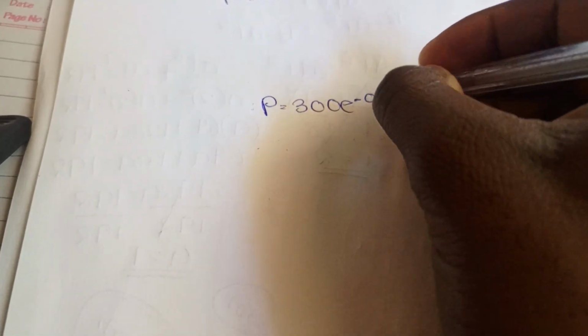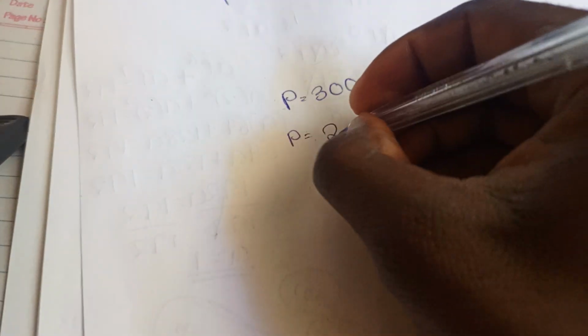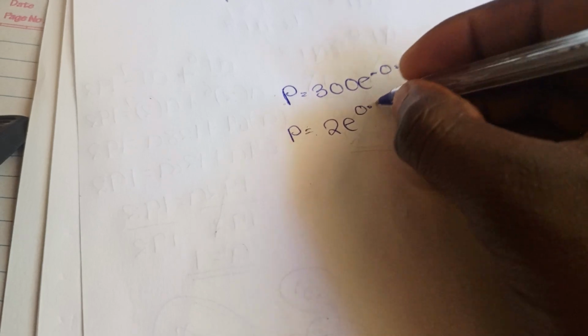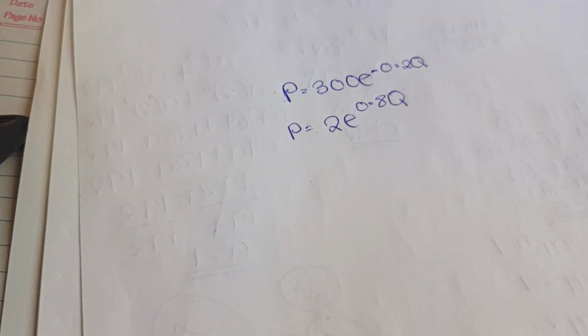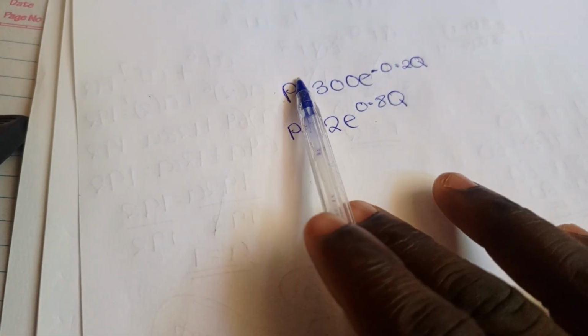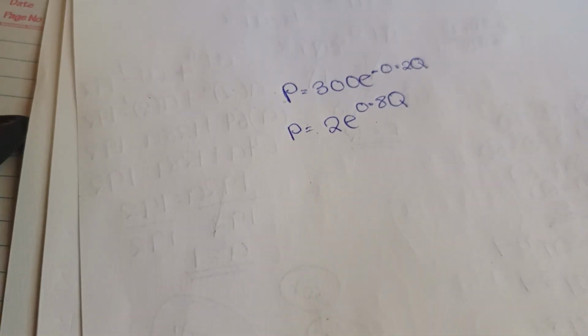So we know the demand function is given by P = 300e^(-0.2Q), and the supply is given by P = 2e^(0.8Q). Remember, they have said where the price is in equilibrium.